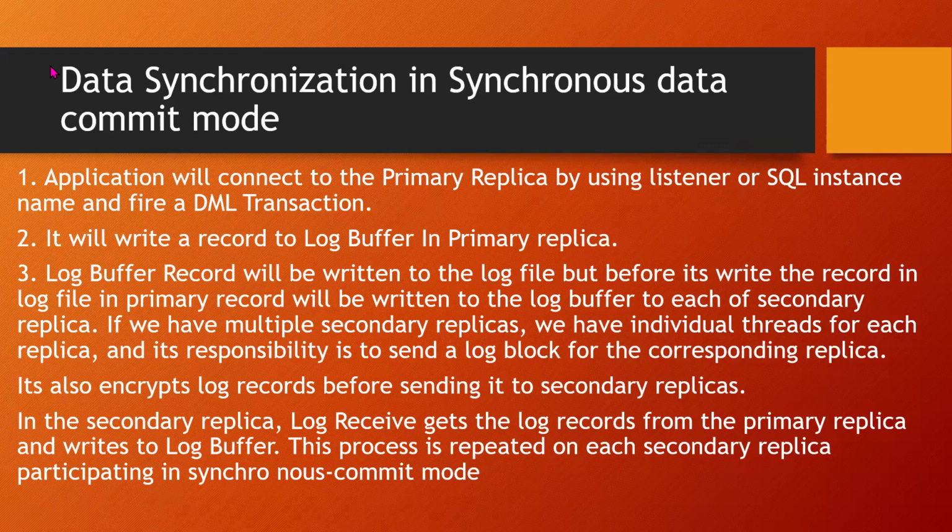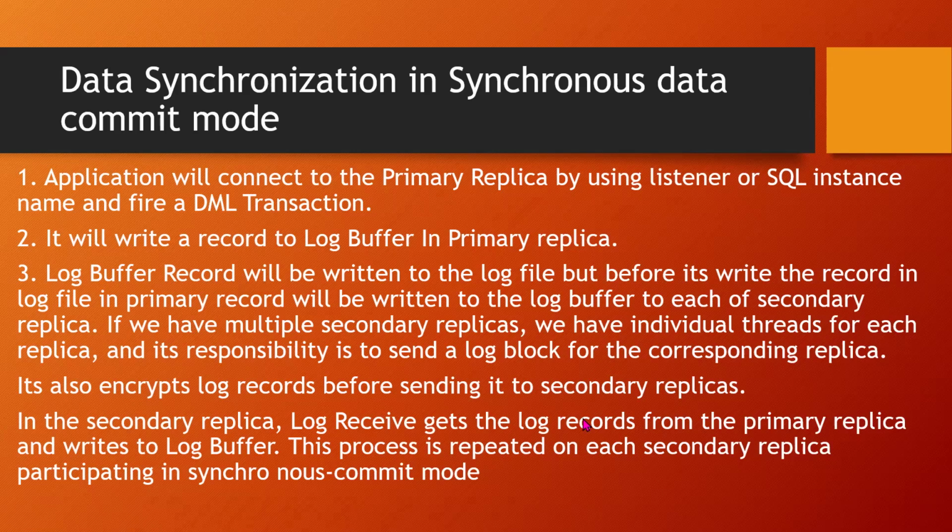Always On is used for high availability, and people also use it for disaster recovery. We are not going into why and how it is used, but we are going to learn about the working of Always On, how data is moved, and how data synchronization takes place in Always On.